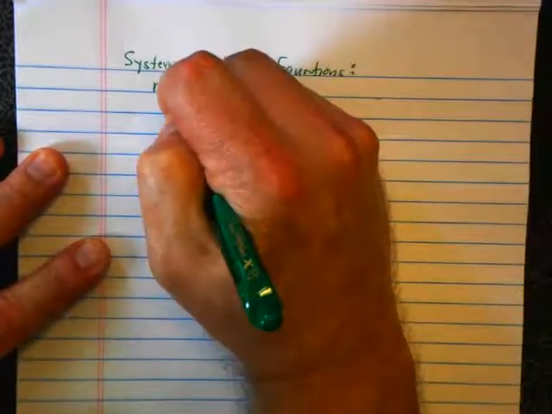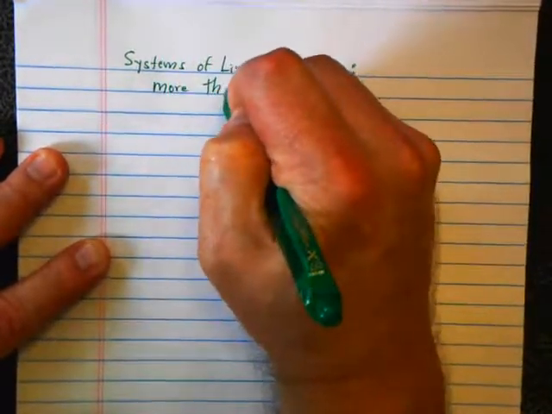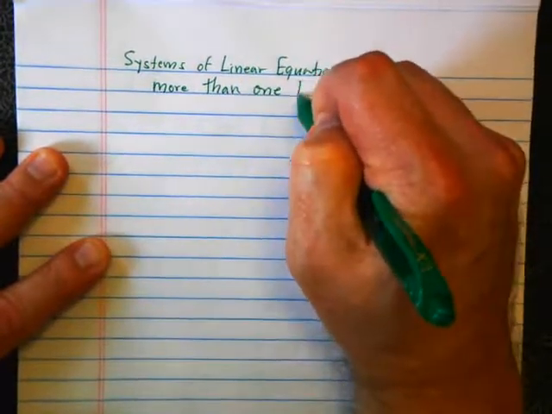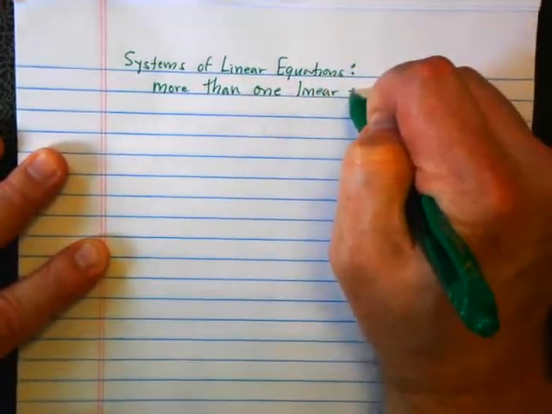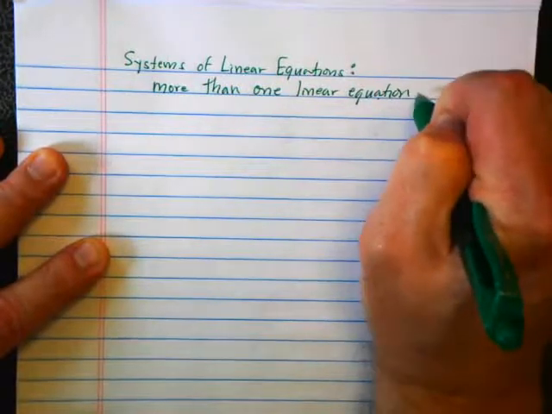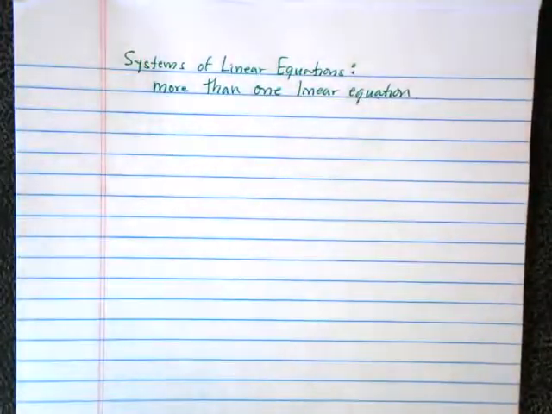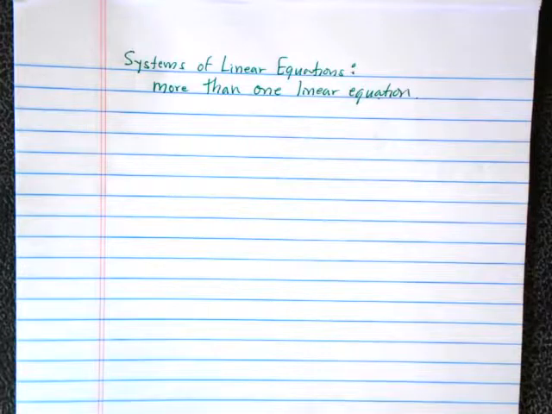And all this means is more than one linear equation. So that's what we're going to study in Chapter 5. In Chapter 5, we're going to learn several different techniques for solving systems of equations. And we'll also look at some examples of why we might want to know about systems of equations. What are they good for?